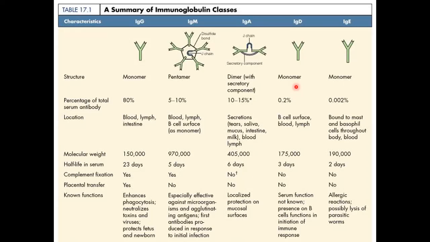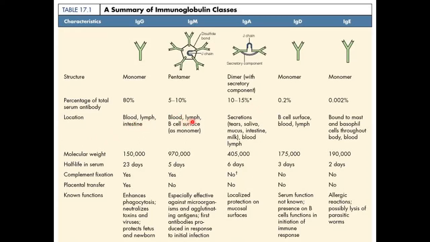The highest percentage of these immunoglobulins, about 80%, is IgG, which is present in the serum. The next one is IgA, 10 to 15%. IgG is present in the blood, lymph, and intestine.